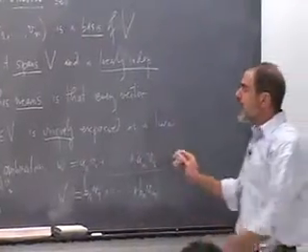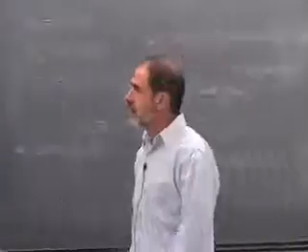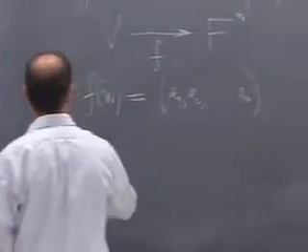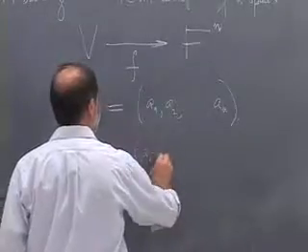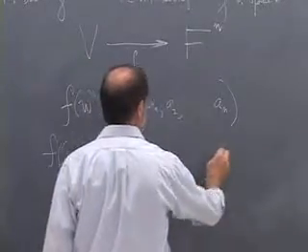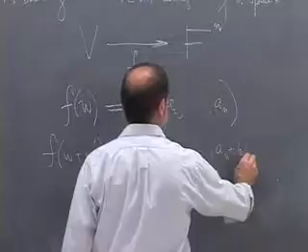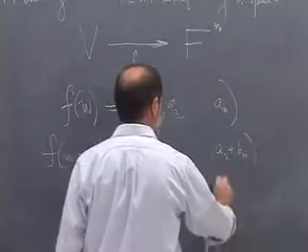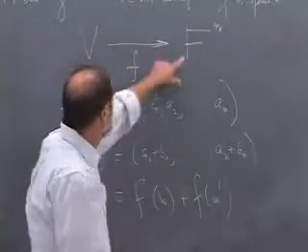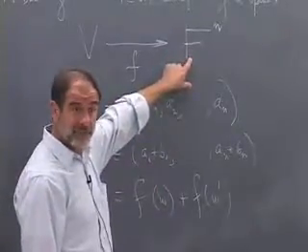And so when we apply f to W plus W prime, we get A1 plus B1, ..., An plus Bn, if you just take the definition of f that I've given here, which is exactly f of W plus f of W prime, right? Because this is the addition law in this vector space.